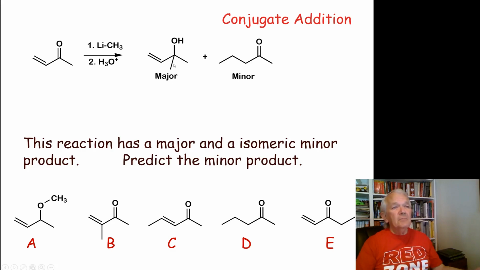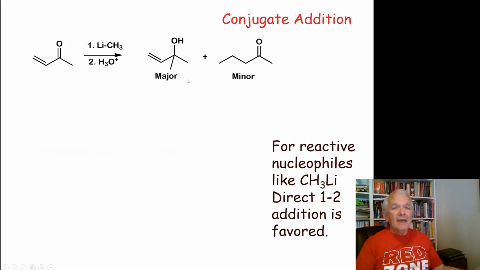The major product is definitely a kinetic product. Now, for reactive nucleophiles like the methyl lithium, we get that kinetic product. But if you have a less reactive nucleophile, then you can get the thermodynamic product with the conjugate addition. So if you think about relative reactivity, that's going to be the key to all this.